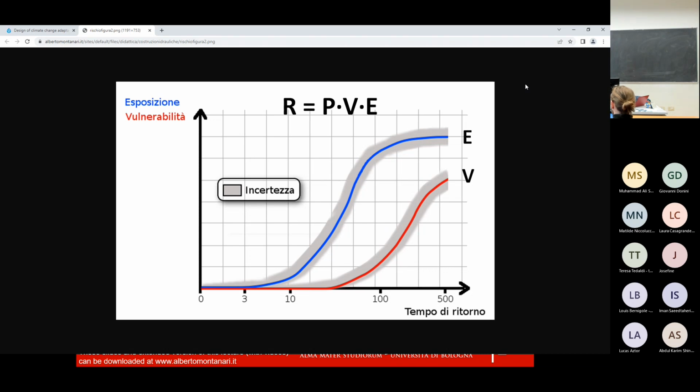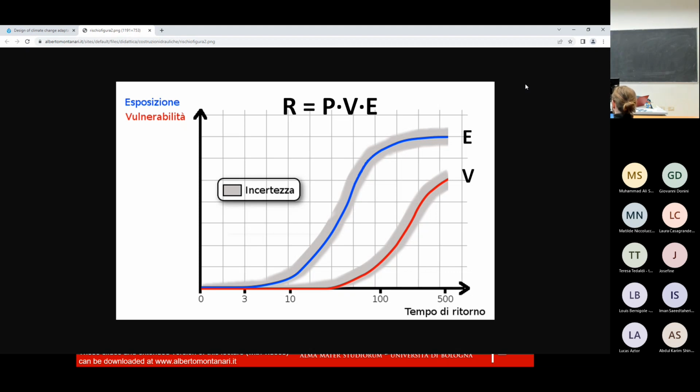No, because it's regulated by the probability distribution function, which is nonlinear. So if we change the scale of the horizontal axis, also the shape of the curves changes, but of course the association between the intensity of the event, vulnerability, and exposure doesn't change. It changes the graphical shape of the curves, yes.